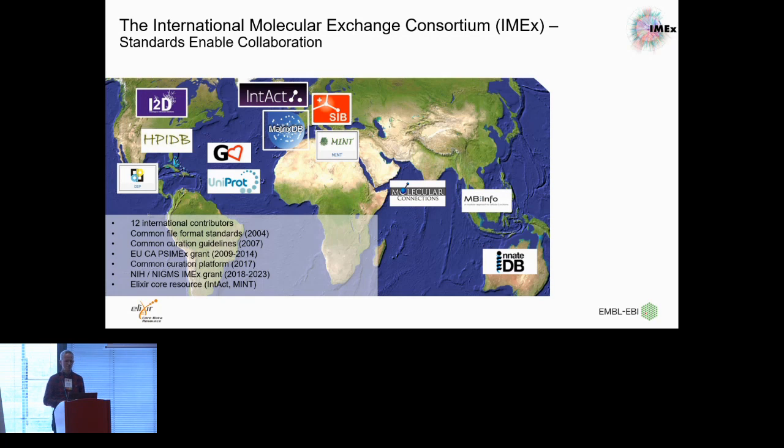increasingly more integration from file formats and common curation guidelines to now all active IMEx partners use one web-based curation platform, so we don't have 10 different systems which ensure the data input, but only one, which of course makes it more harmonious, but importantly, less expensive.